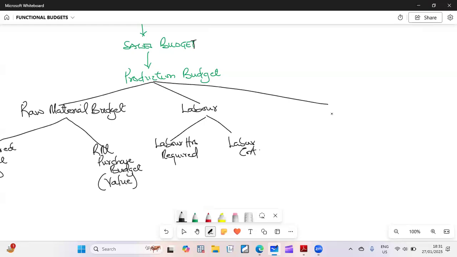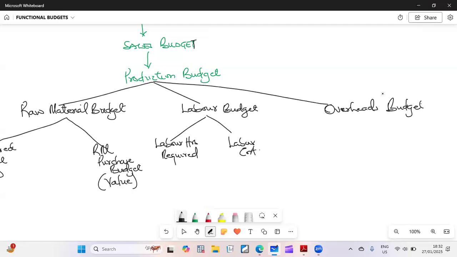Then lastly, when we do raw material, we do labor, the next thing we do is the overheads. So labor budget and the overheads budget. Here we will come back to our overheads absorption rate, the same thing that we learned.